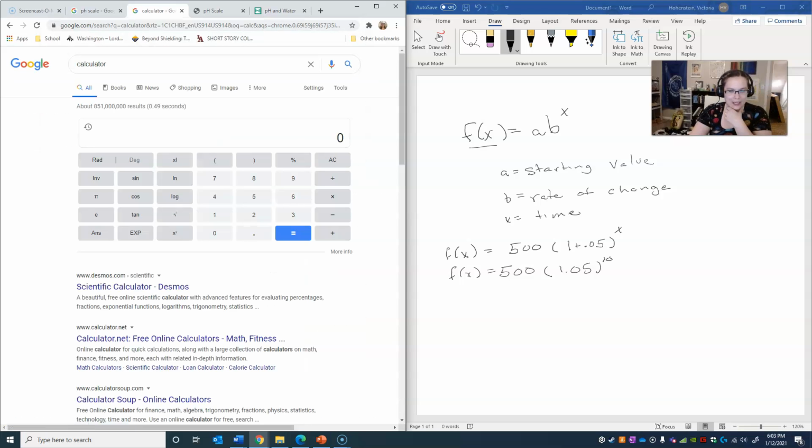I always start by doing my exponent and my parentheses. So 1.05, this x to the y button will give you the power. We want this to the 10th power. And then times 500. So that gives us 814.447, but since the answer is how many people, we need a whole number of people. So the answer is going to be 814 people.